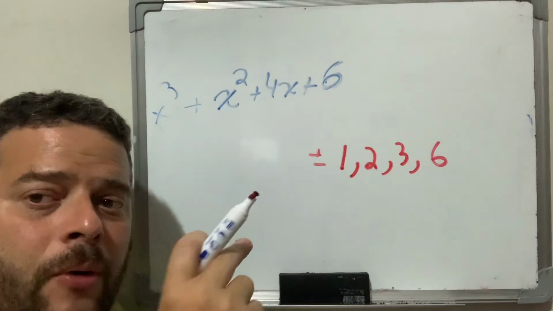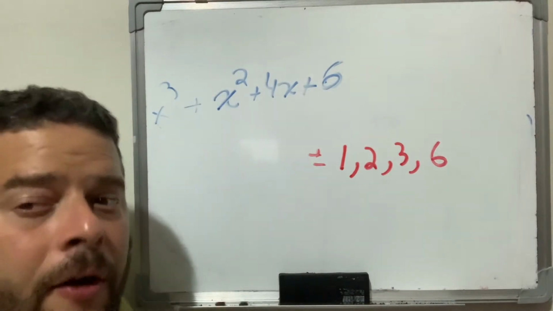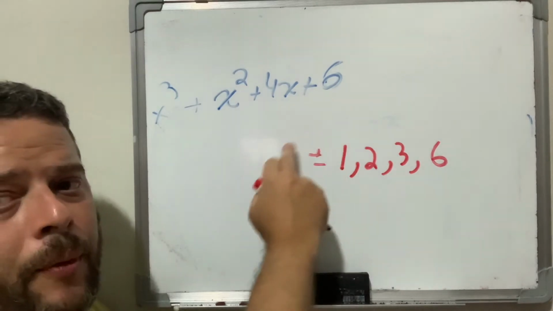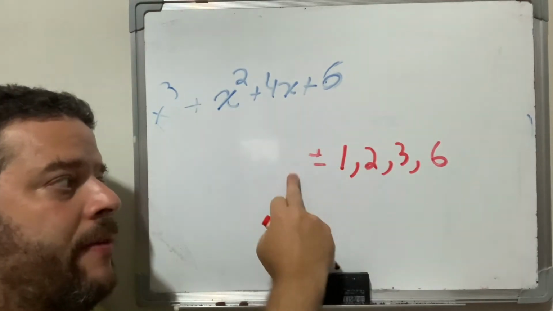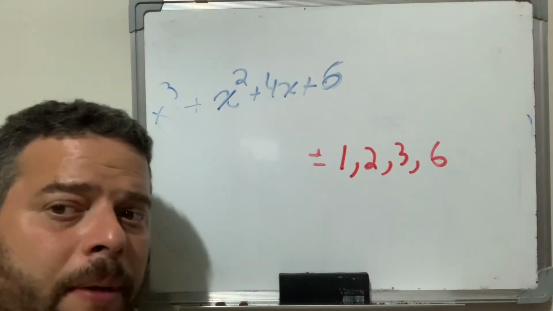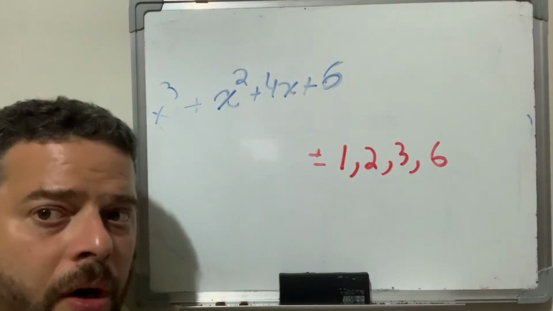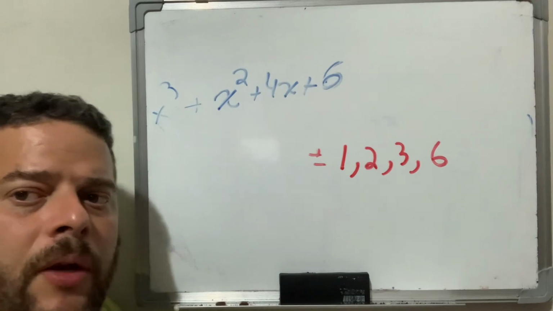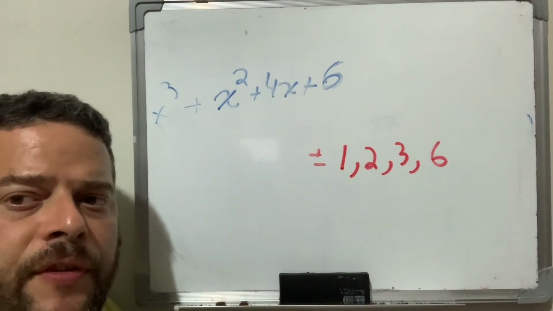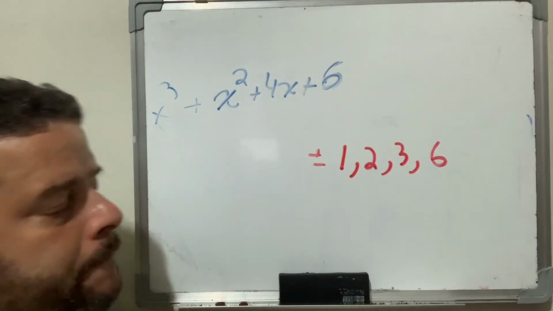So the zeros to this polynomial, if they are rational, are going to have to be either positive or negative 1, positive or negative 2, positive or negative 3, or positive or negative 6. There can be no other rational zeros. You can quickly plug this into your graphing calculator and just visually confirm the zeros pretty quickly.